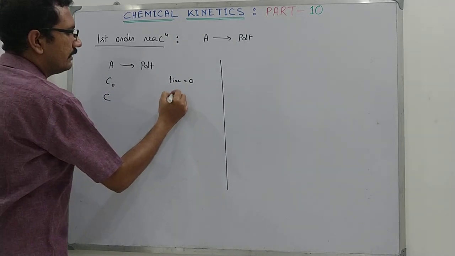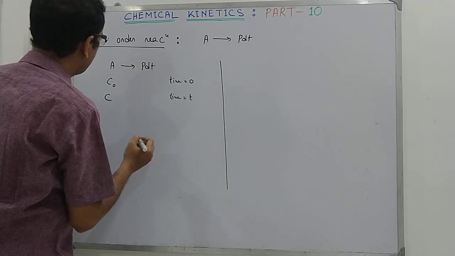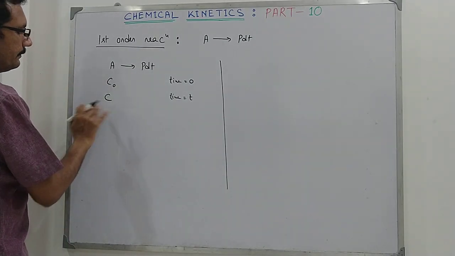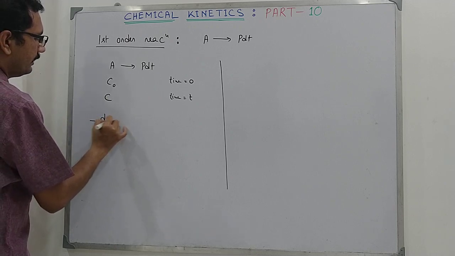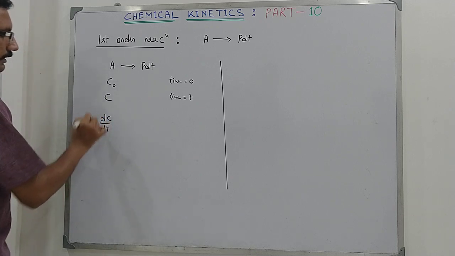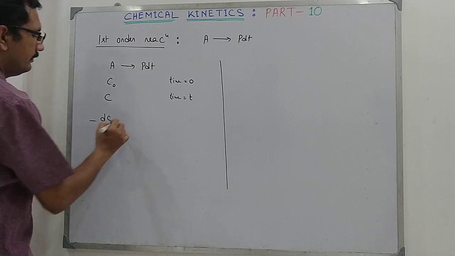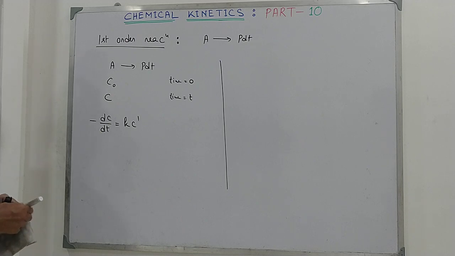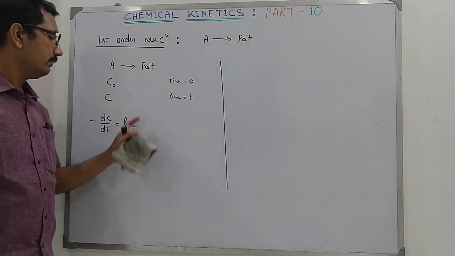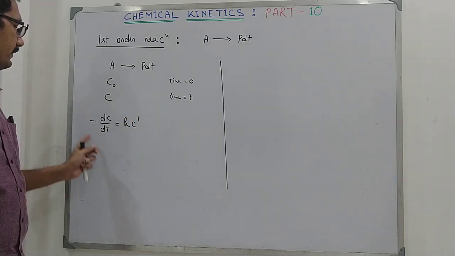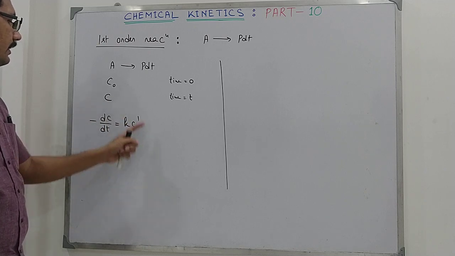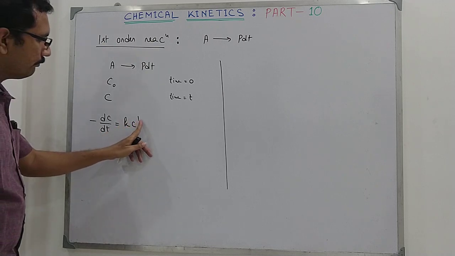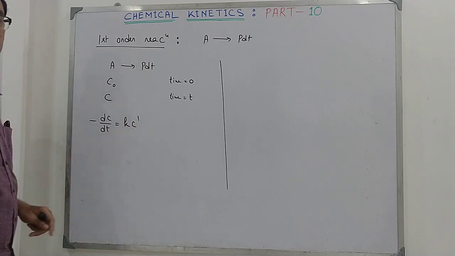Now after elapse of certain time, the concentration of reactant that is remaining is C. So at this point, the rate of reaction is minus dC/dt, and this is equal to rate constant multiplied by concentration to the power 1. So this is the rate equation and it is in the differential form. Now this power 1 represents the first order reaction.